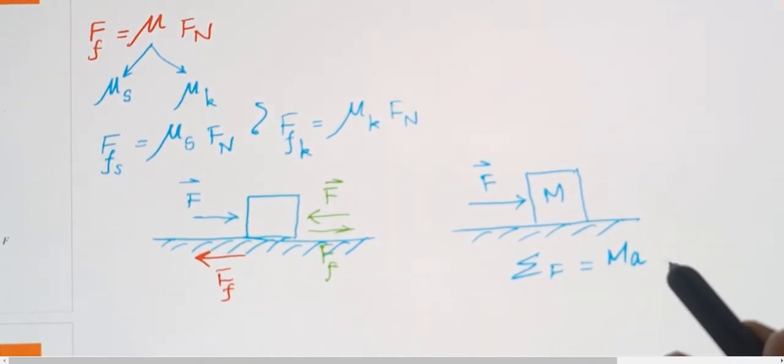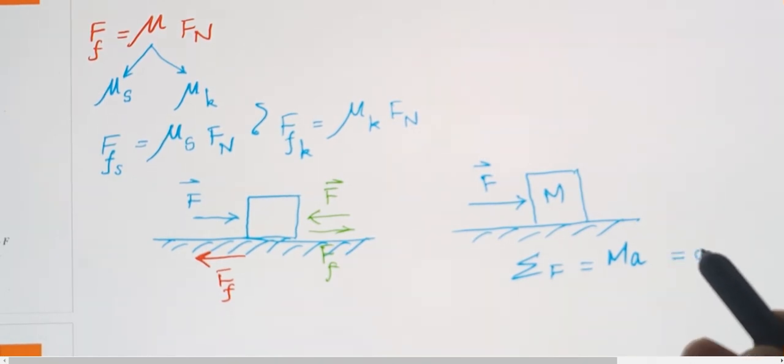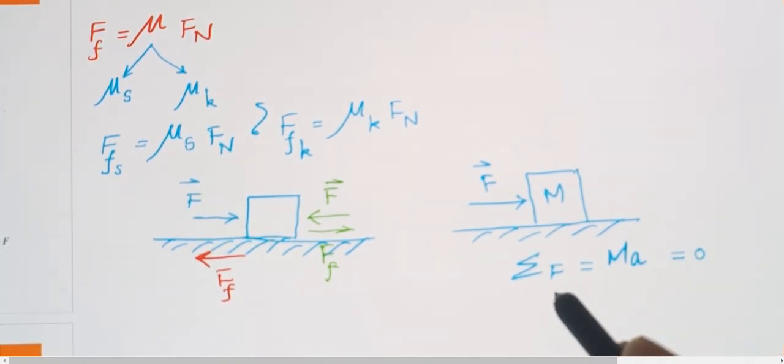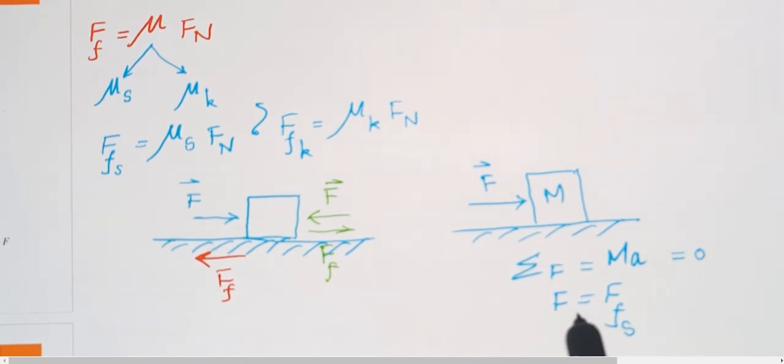And because the object is not moving, acceleration is equal to 0. So that means whatever force you apply must be equal to the force of friction. And this is static. So if you increase the force, you will increase the friction.